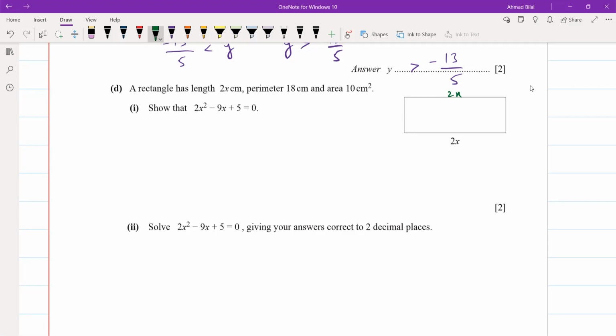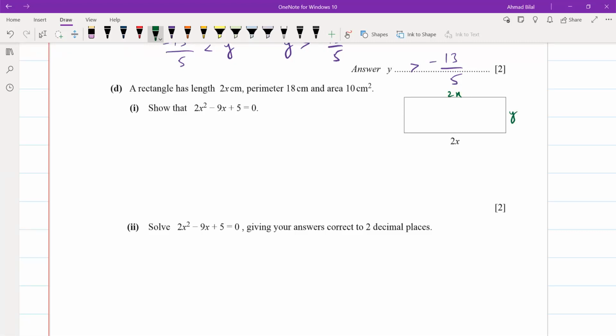अच्छा, तो हम क्या कर सकते हैं? If we say that the perimeter is that, the area is this. Okay, so we would have to use both of them. So let's assume that the width is y. इसको y assume कर लेते हैं width को.